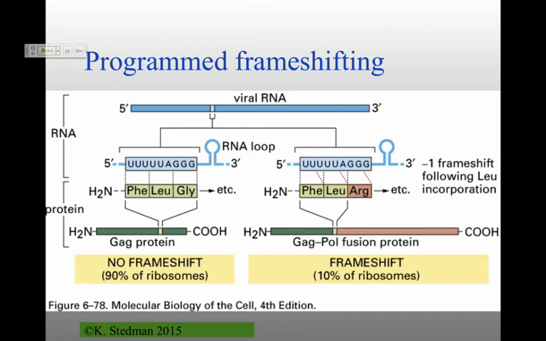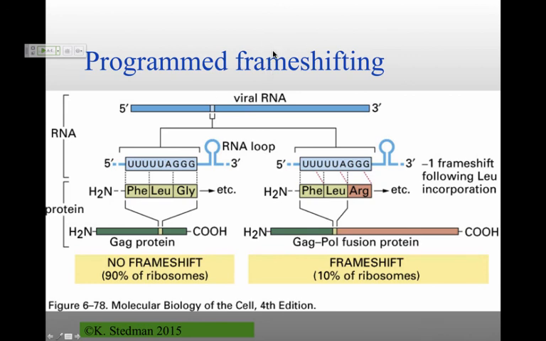So what you have here are 2 different proteins that are made from one RNA, but they're not made from one RNA because of differential splicing, although HIV does differential splicing too, but these are made because of a frame shift that takes place.